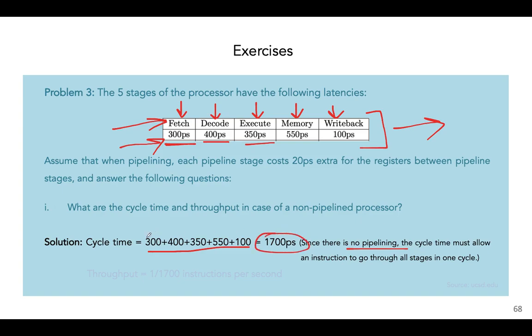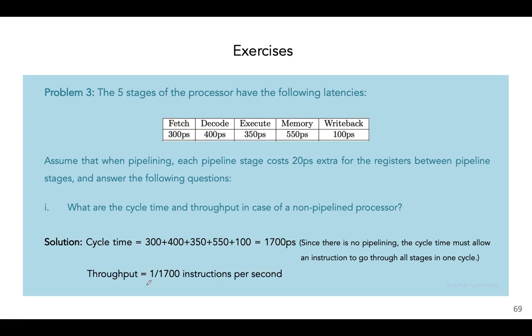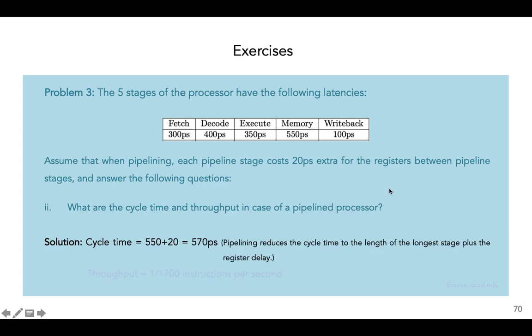Simple enough. We have simply added the latencies or the delays of all the individual stages involved. And throughput, as you already know, is 1 divided by cycle time, and you already have cycle time. So throughput comes out to be 1 divided by 1700 instructions per second.